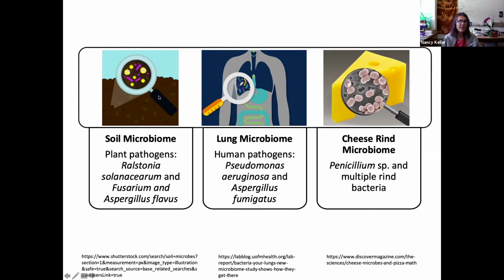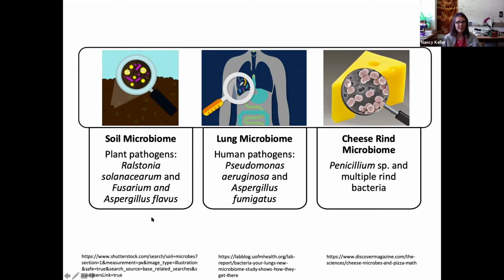One where we're looking at the soil microbiome, or I could even say plant microbiome, with plant pathogens. One, the lung microbiome with human pathogens. And then in a collaboration with Ben Wolf at Tufts University, the interesting cheese microbiome with the fungi and bacteria that grow in cheese rinds. For the sake of time, I'm going to focus just on the first one today.